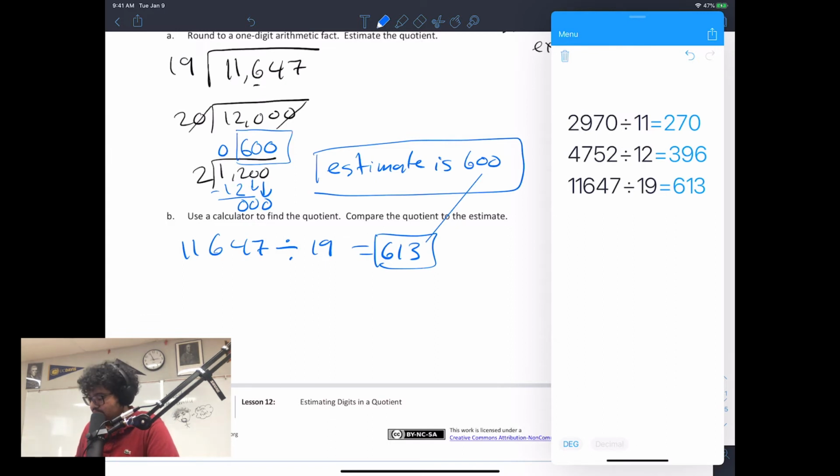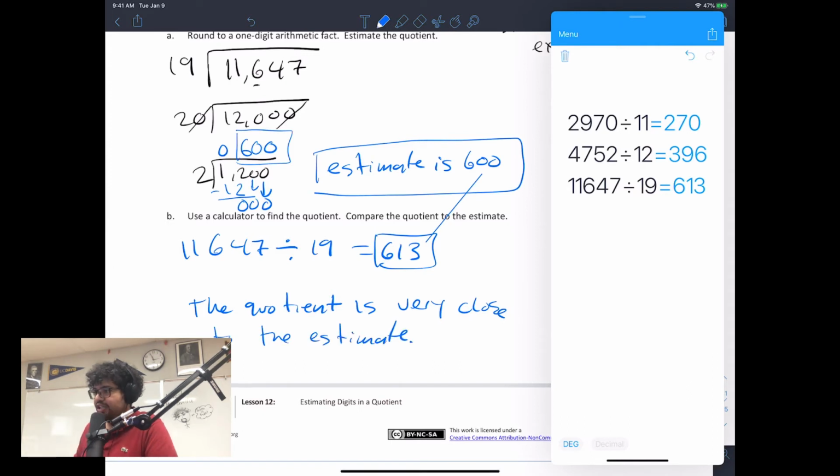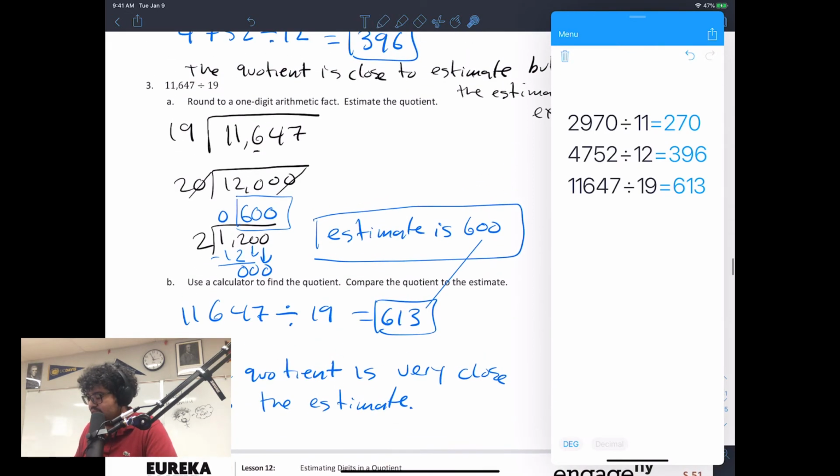So then we can say that the quotient is actually very close to the estimate. In general, you will see that when we're estimating, the closer your estimation is to the actual number, the more accurate your answer will be.